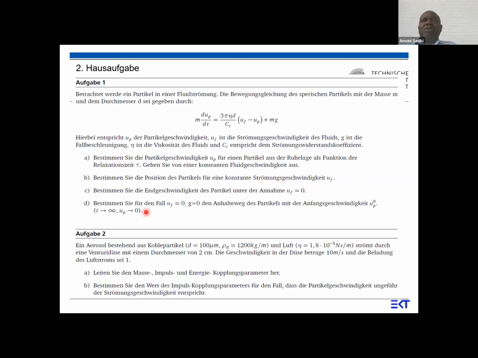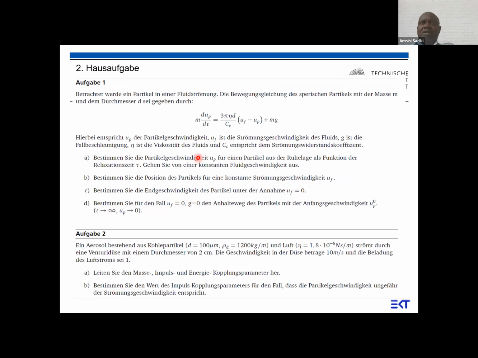So we can also determine the case in which the velocity of the fluid, UF, is equal to 0, and we don't consider the gravitation force. Then we have to make some approximation. But if we get this expression, we can also get this expression.